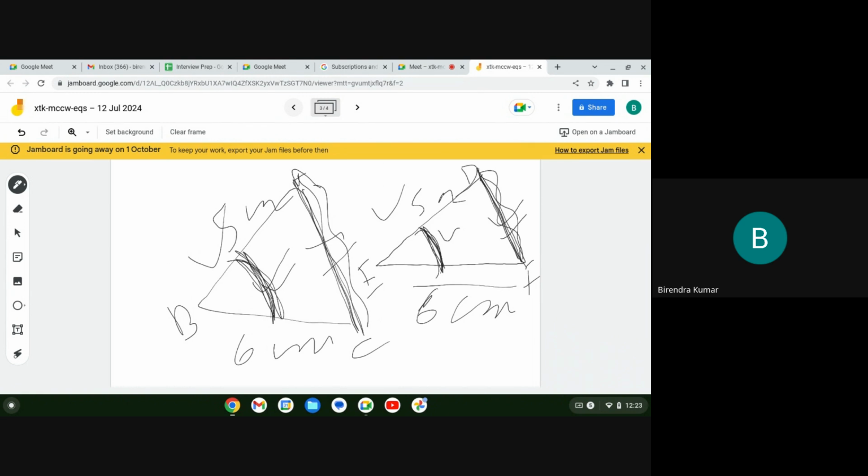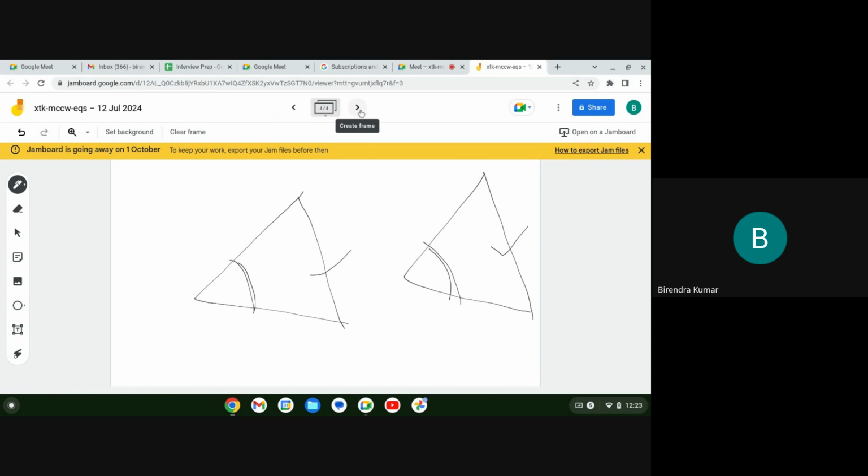When the angle was less, this side was less. When the angle is the same, the size will be the same. So for two triangles with matching sides and the angle between them being the same, the third side, which is connecting the open ends, will be of the same length because it's a function of the angle between them.